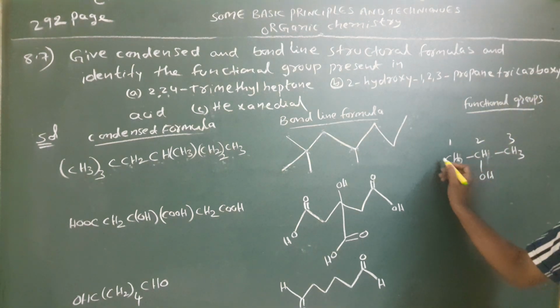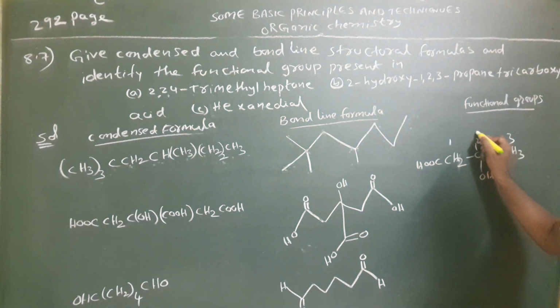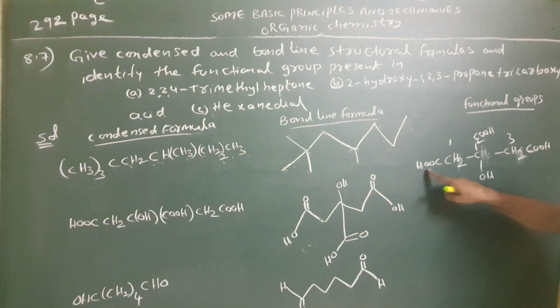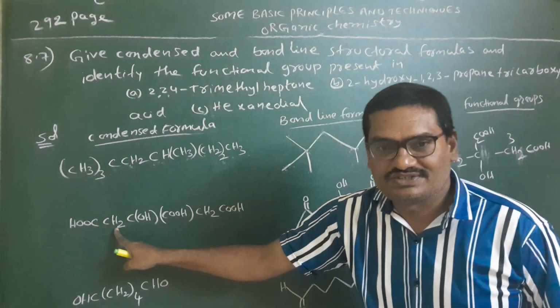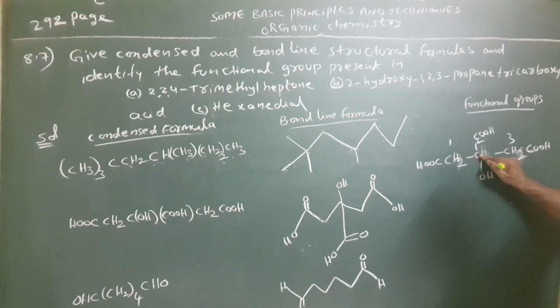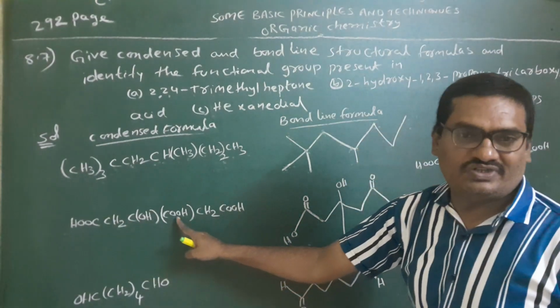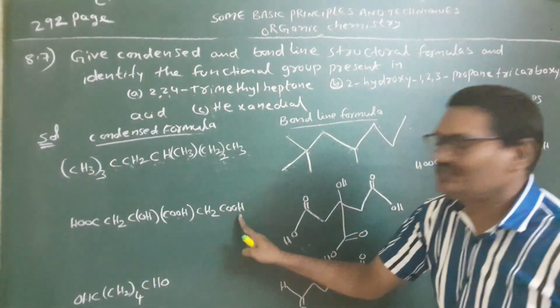The first carbon contains COOH, the second carbon contains COOH, and the third carbon contains COOH. So here COOH, CH2, then C(OH)COOH, then CH2, COOH.